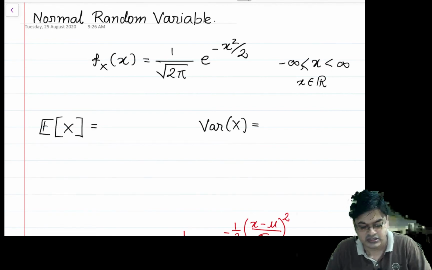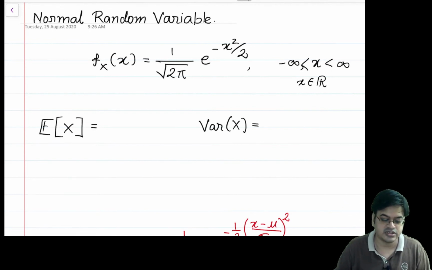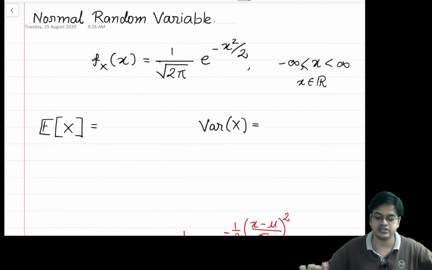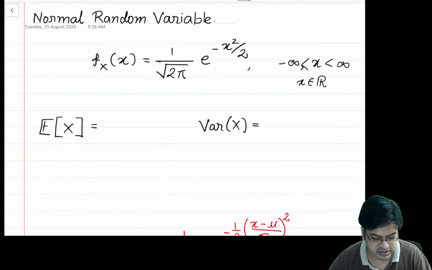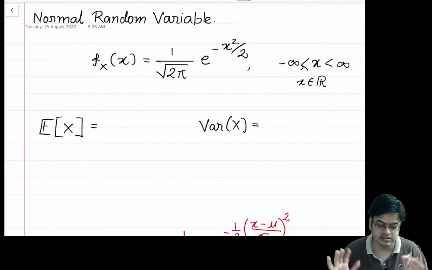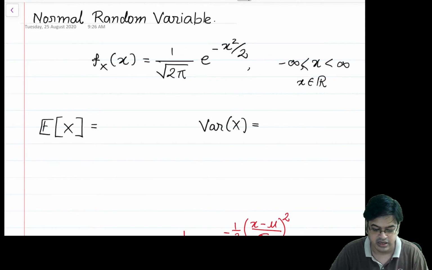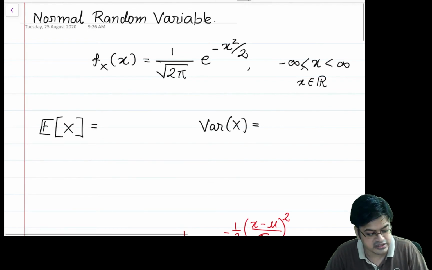There is no 0 otherwise, because the distribution is defined on the entire real line. Let us think about this distribution and talk about the expectation and variance of this random variable. First, you verify this is a valid density.